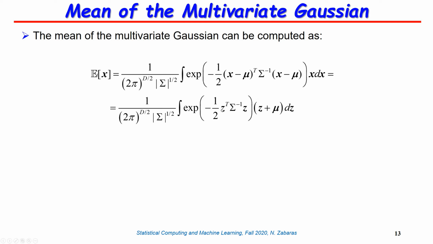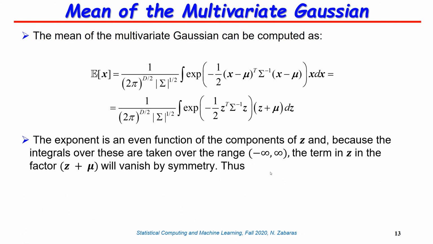So this first product will give you a 0, and the other product is going to give you mu, because mu comes outside the integration, and the remaining part is nothing else but the normalization of a multivariate Gaussian, which gives you 1. So the expectation of x is equal to mu.